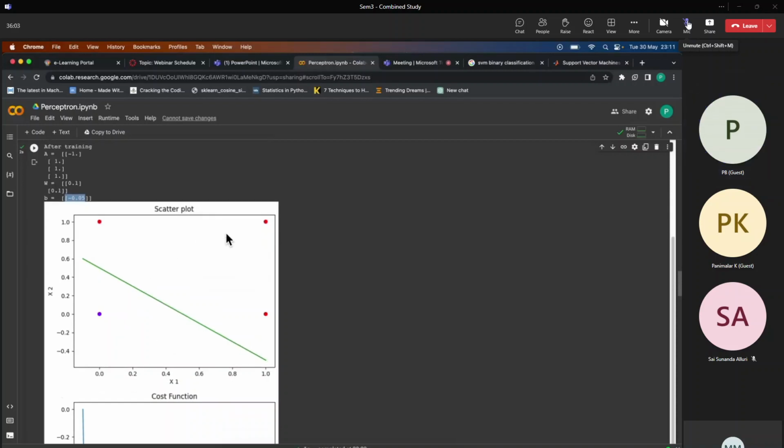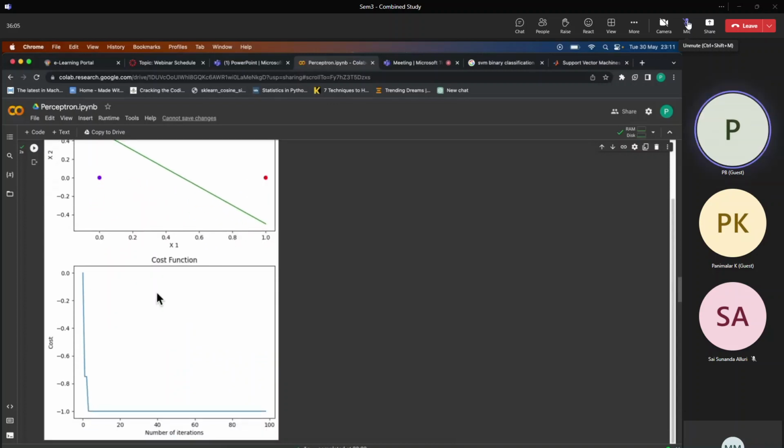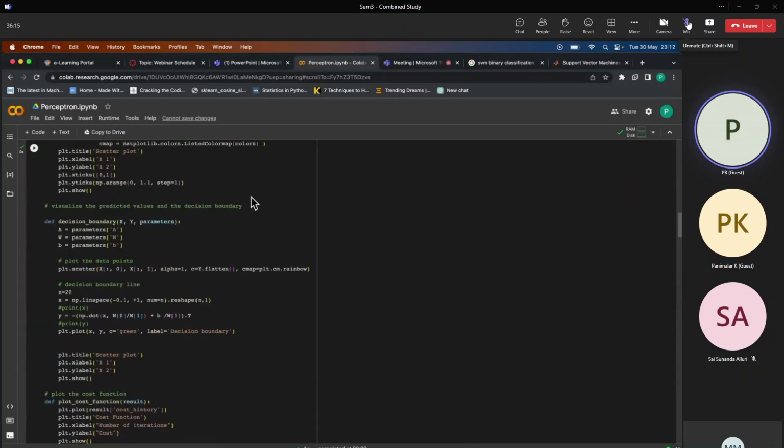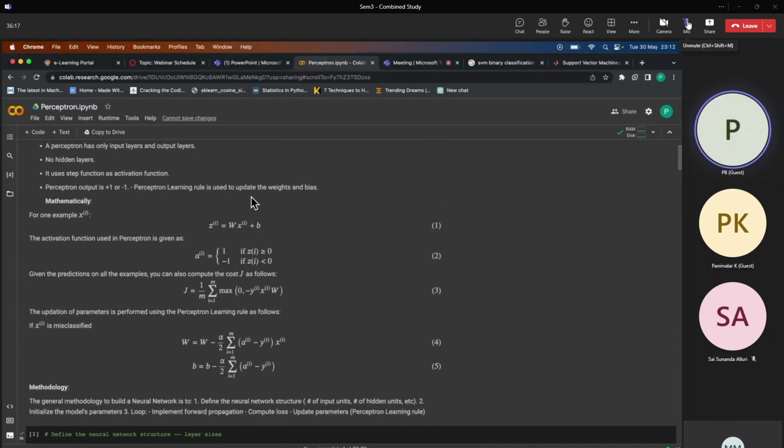Yeah, okay. Now we are looking at the cost function here. So this cost function you might remember from the step function. No, the cost function we will remember from this part only. This part is the cost function. Okay, only this part.